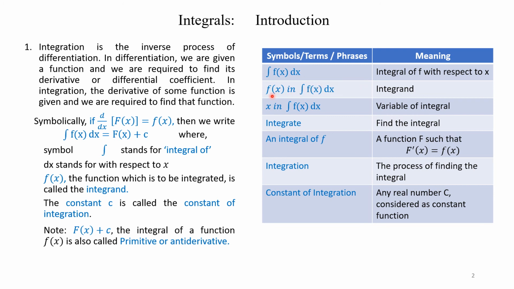The term f of x in integral f of x dx is called the integrand. And x in integral f of x dx is called the variable of integral. So if you use the term integrate, it means find the integral of.